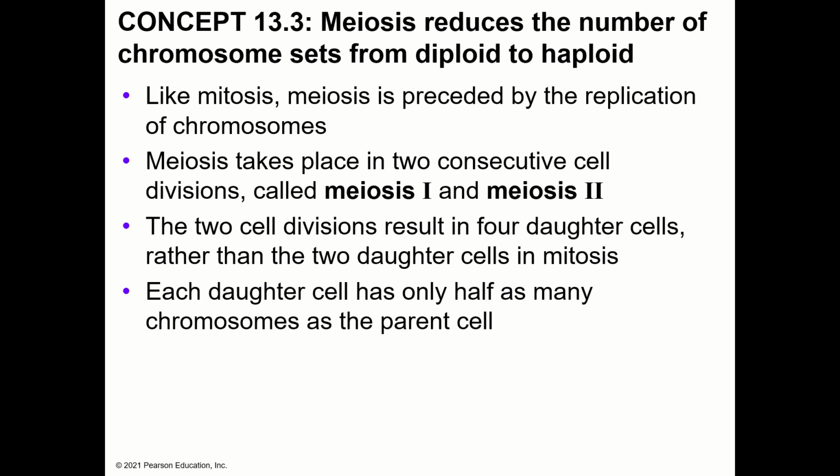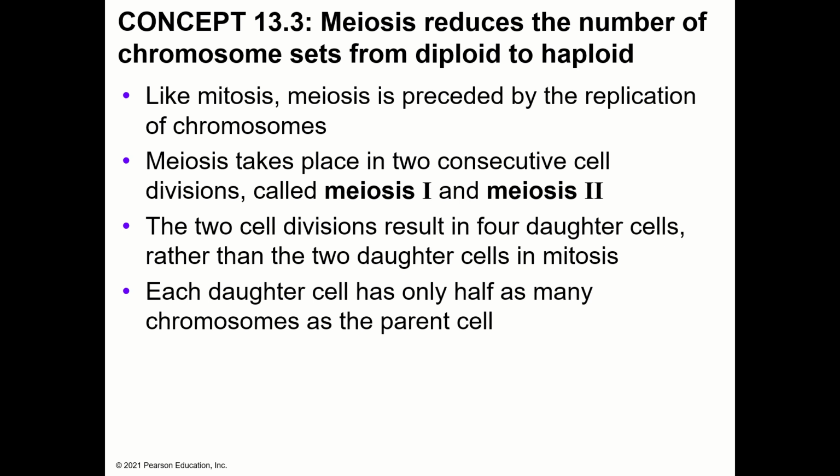Concept 13.3. Meiosis reduces the number of chromosome sets from diploid to haploid. Like mitosis, meiosis is preceded by the replication of chromosomes. Meiosis takes place in two consecutive cell divisions, called Meiosis I and Meiosis II. The two cell divisions result in 4 daughter cells, rather than 2 daughter cells in mitosis.